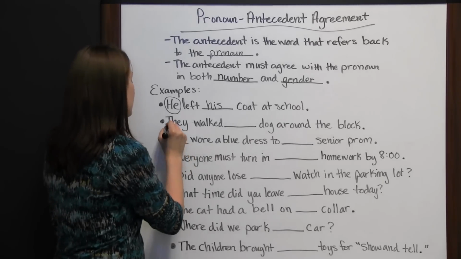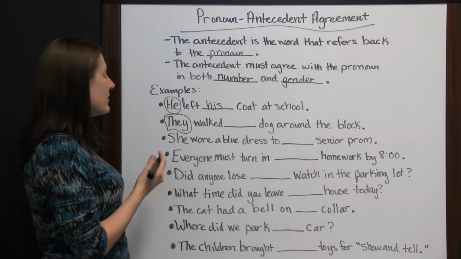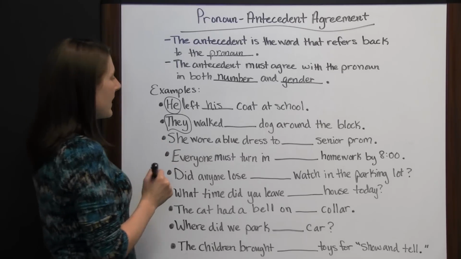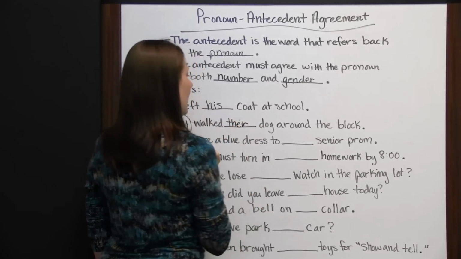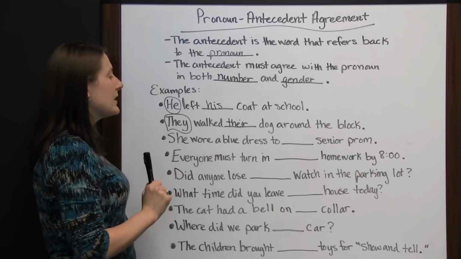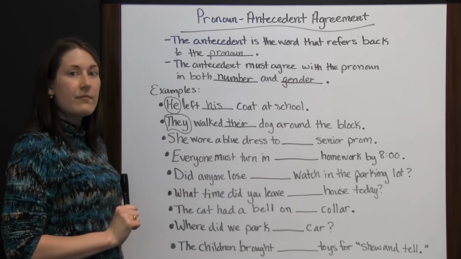Our pronoun is they. They is plural and it's gender neutral, so we need an antecedent that will match that. They walked their dog around the block. Their is gender neutral and it is plural, so this antecedent fits the pronoun.